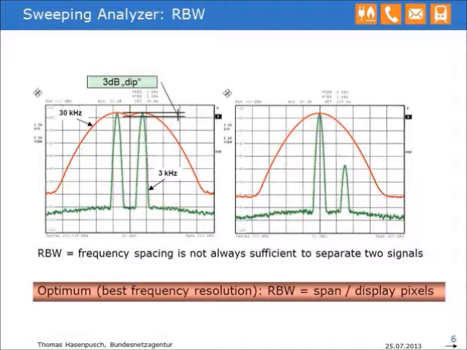So that one resolution bandwidth equals the bandwidth of one pixel on the screen. This is the optimum setting for the maximum frequency resolution. If we narrow the bandwidth more, we only get longer sweep times, but not better resolution.